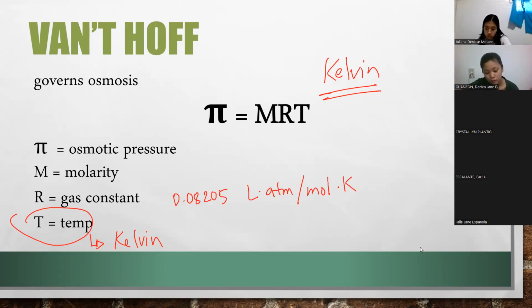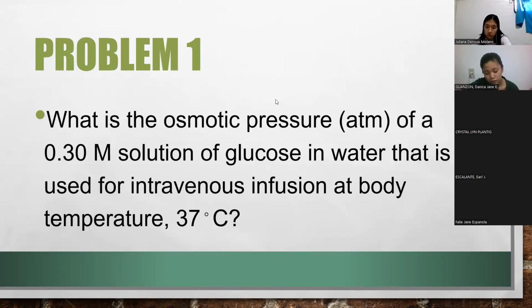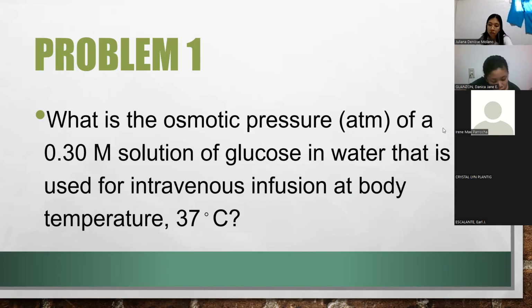Okay, now let's start. We have here problem number 1. What is the osmotic pressure in ATM of a 0.30 molar solution of glucose in water that is used for intravenous infusion at body temperature, which is 37 degrees Celsius. Okay?